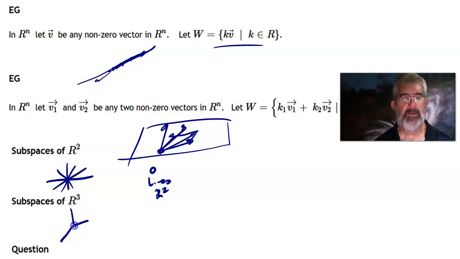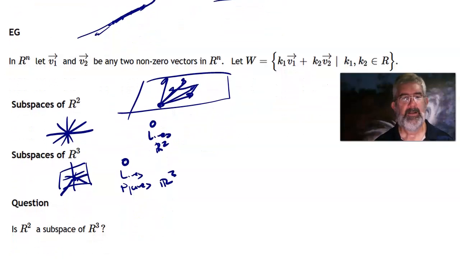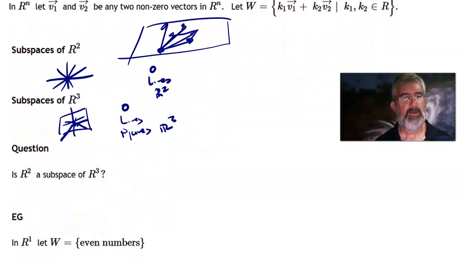You've got the zero, any lines through the origin, planes through the origin, which are also subspaces, and then the whole of R3. So there are 4 types of subspaces in R3. When you move up to R4, you've got lines, planes, and whatever 3-dimensional things are called: hyperplanes. Anyway, those are the only things.